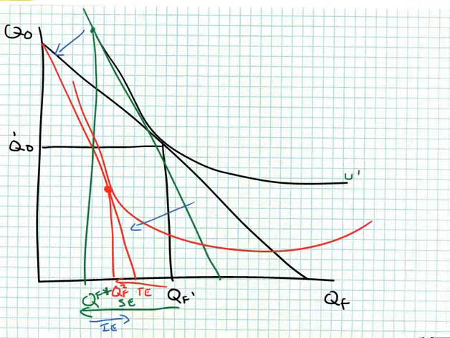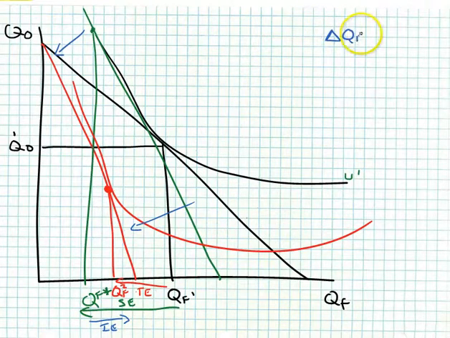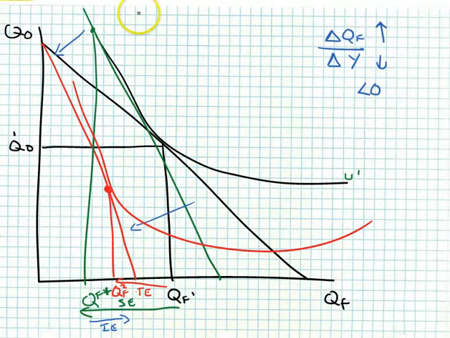Remember, with inferior goods, the change in the quantity of food given a change in income: income goes down, quantity goes up. That means the income effect is less than zero. It's negative. Adding the whole Slutsky equation, a change in the quantity of food given a change in the price of food.